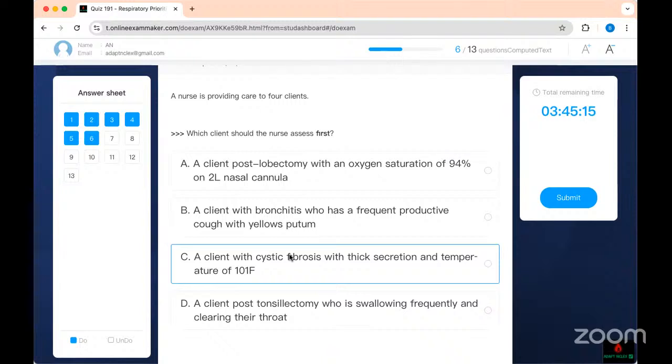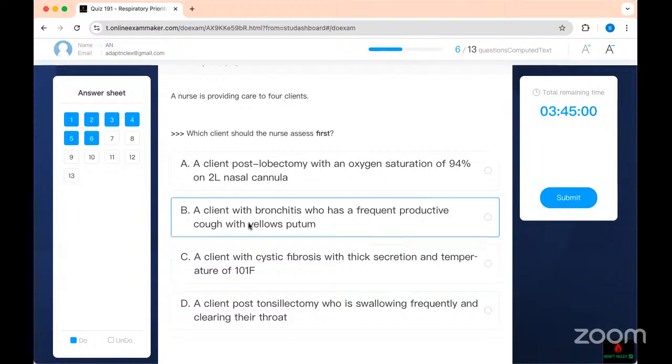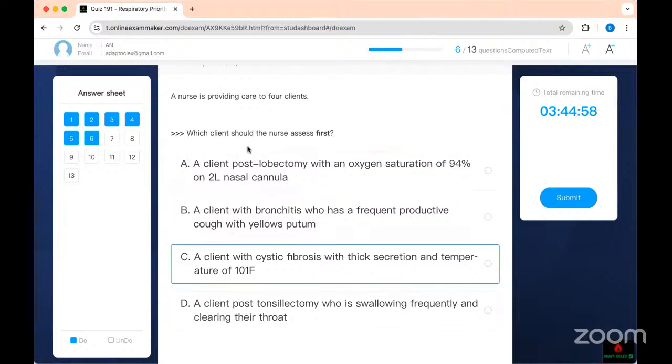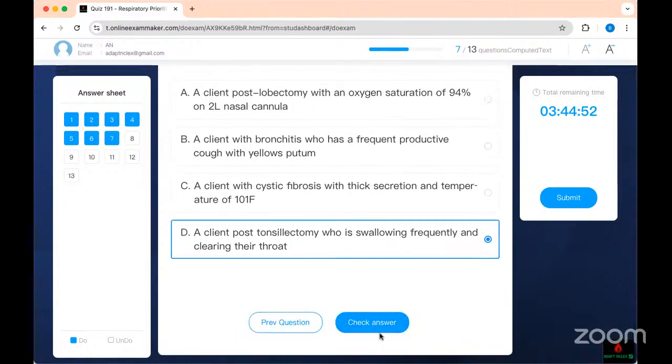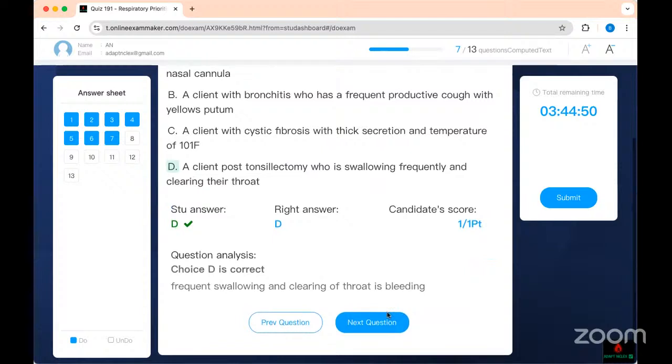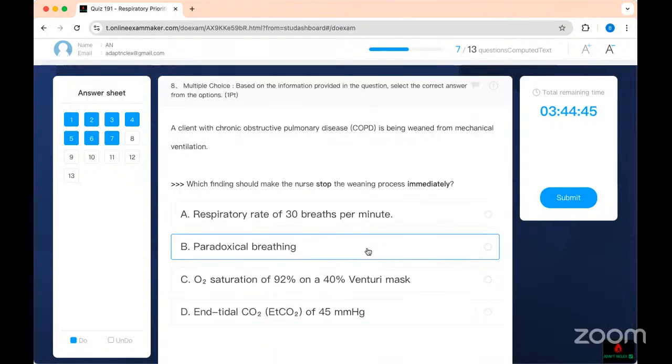Somebody with cystic fibrosis, yes, thick secretion, and somebody with bronchitis who has productive cough, yellow sputum, and somebody who has a lobectomy and is 94. A, B, C are what you expect. This guy is bleeding, so we've got to see him first. Tonsillectomy, clearing the throat, is bleeding.